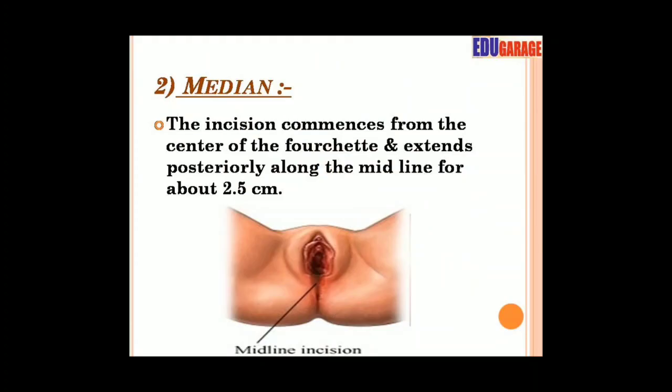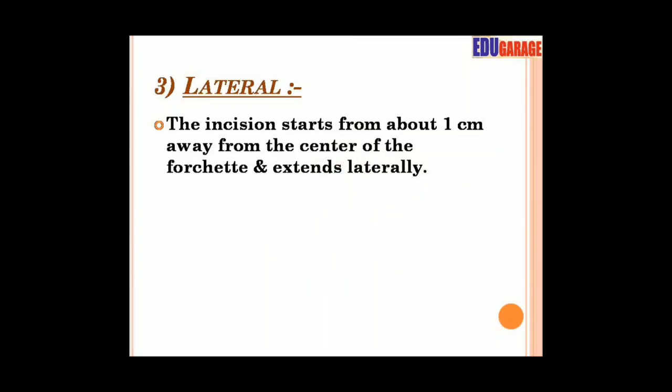Then median episiotomy is the midline incision. It starts from the center of the fourchette and extends posteriorly along the midline for about 2.5 centimeters. Next is the lateral episiotomy, which starts about 1 centimeter away from the center of the fourchette and extends laterally.